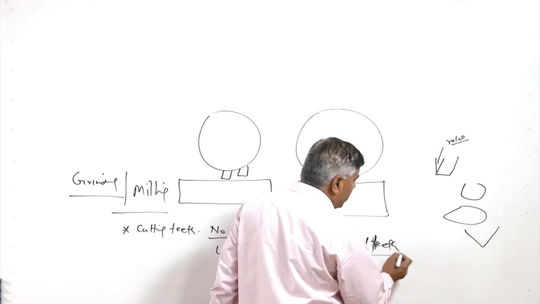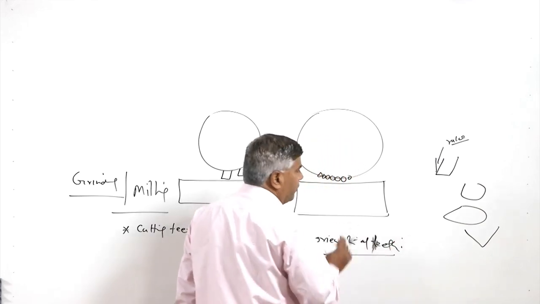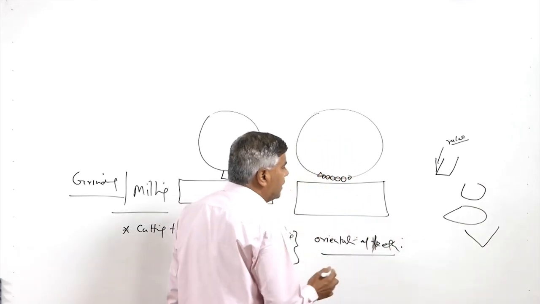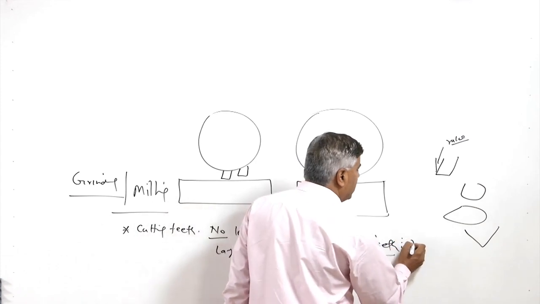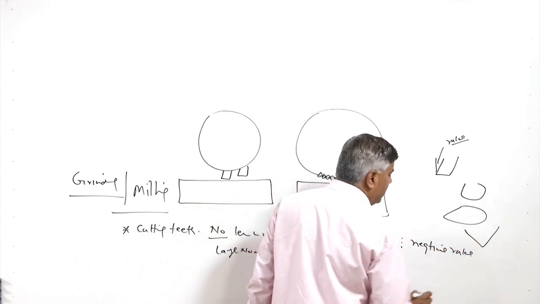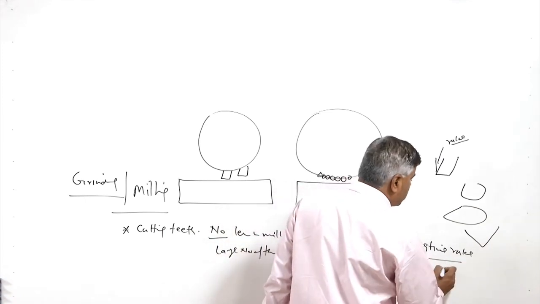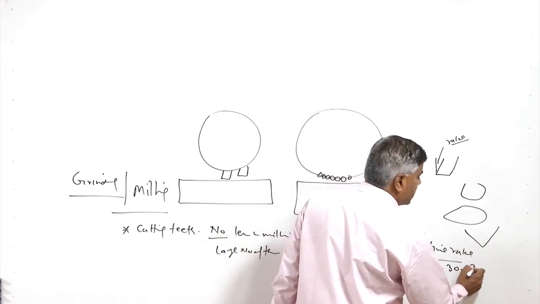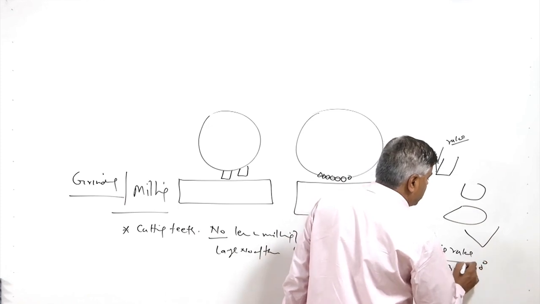Mostly the orientation of the abrasives in grinding is such that it offers a negative rake angle, which generally ranges from -30 to -60 degrees.